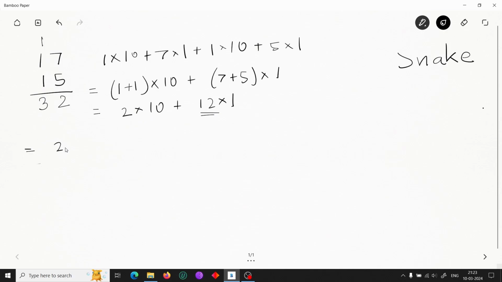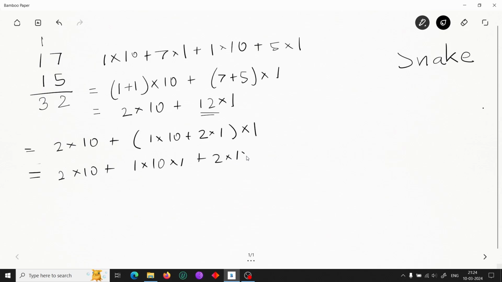This would now give us 2 times 10 plus, let's take a bracket here, 1 times 10 plus 2 times 1, and a total multiplied by 1. Okay, and let's continue. 2 times 10 plus 1 times 10 times 1 plus 2 times 1 times 1.